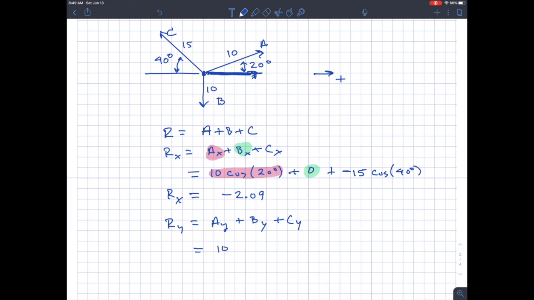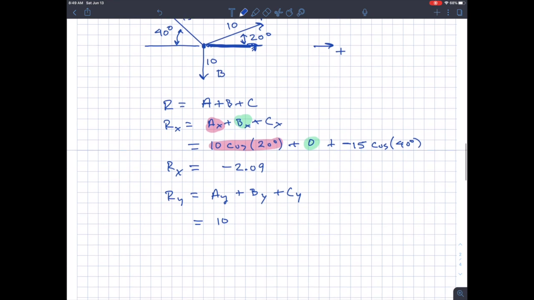That would be 10, and sine is opposite over hypotenuse, so this would be sine of 20 degrees. That needs to be really automatic for you. If you don't see that, you need to work on that. Give me a shout if you're having trouble with it.